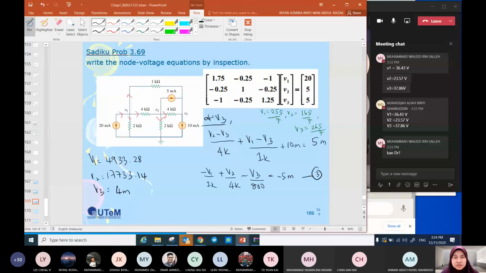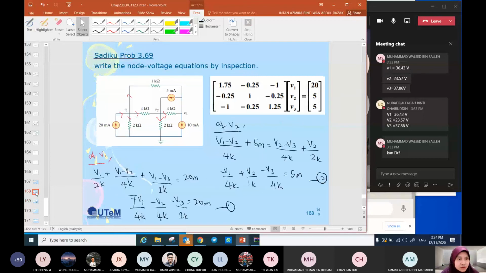Class, please solve this question and compare your calculation with the answer.